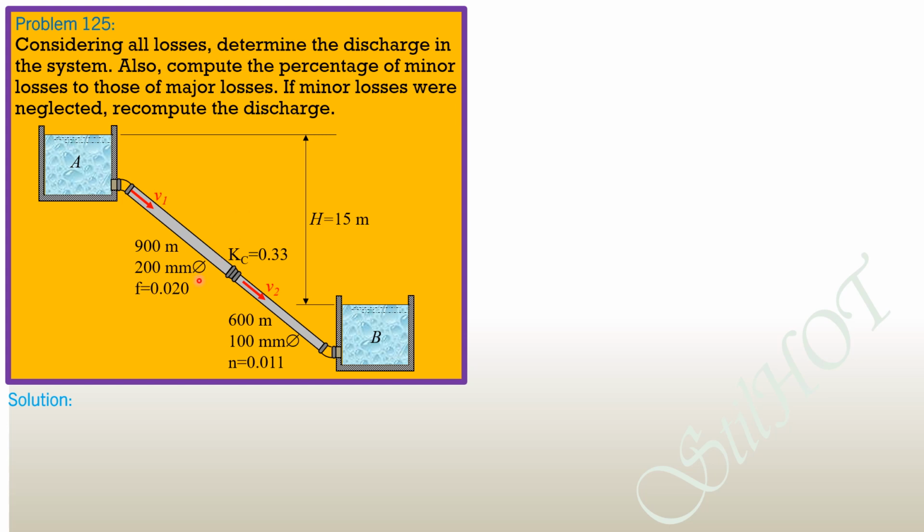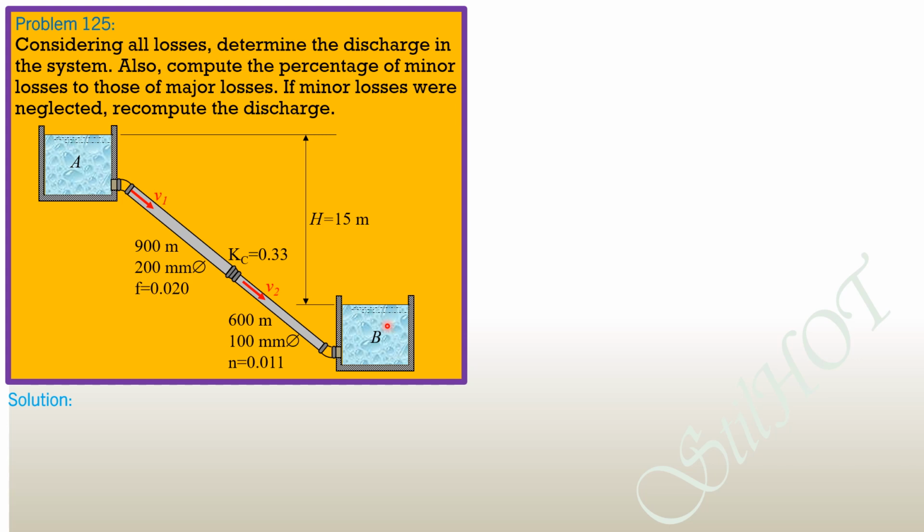Then another minor loss here, we have sudden contraction, given the loss coefficient for contraction of 0.33 times the velocity head in the smaller pipe. And we have submerged exit, which is 1.0 times (V2 minus V_B) squared over 2g, where V_B, because this is a reservoir, is negligible or zero.